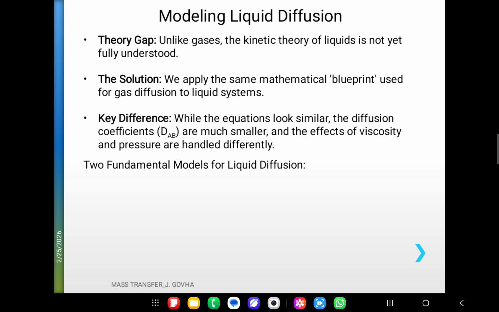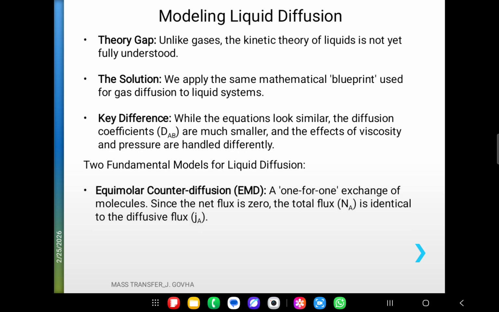So two fundamental models for liquid diffusion are the equimolar counter diffusion, where the convectional term disappears, because that is basically zero.